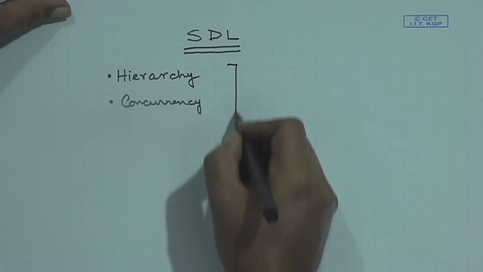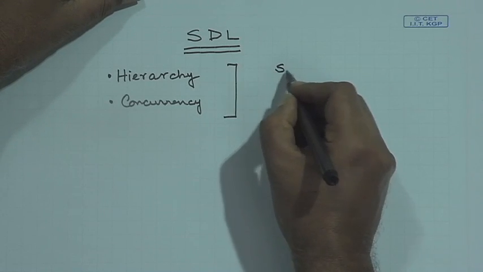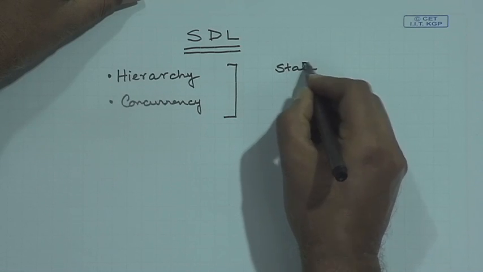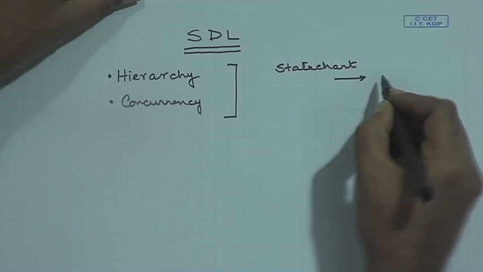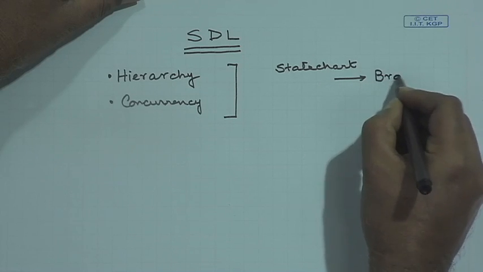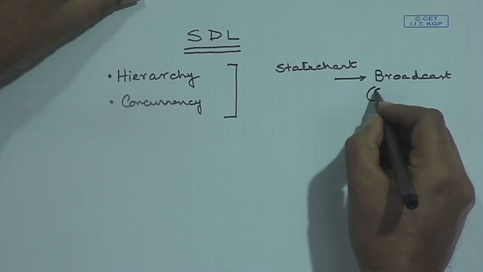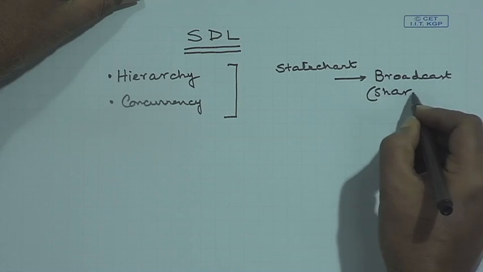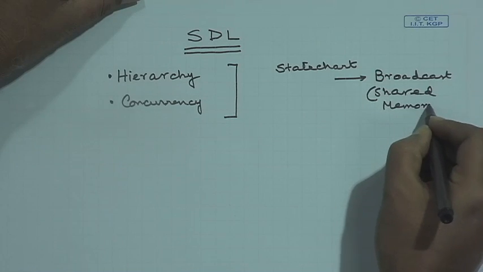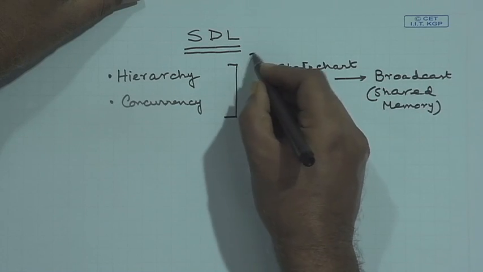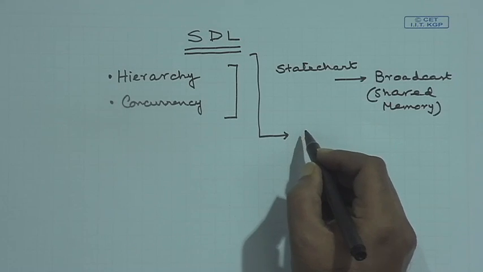The major difference from state chart is that in state chart our mode of communication was broadcast or shared memory, right. Broadcast or shared memory. In SDL, we will have asynchronous message passing.